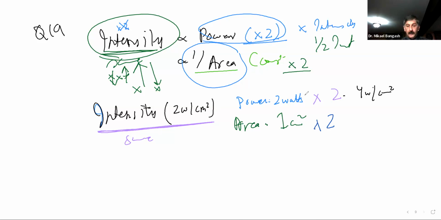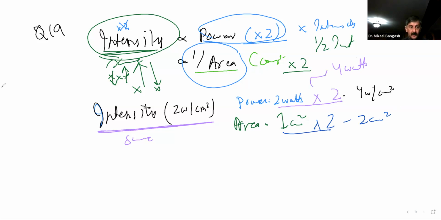Then you can say the power after being doubled becomes 4 watts. But since we also doubled the area, it is going to be 2 centimeters squared.